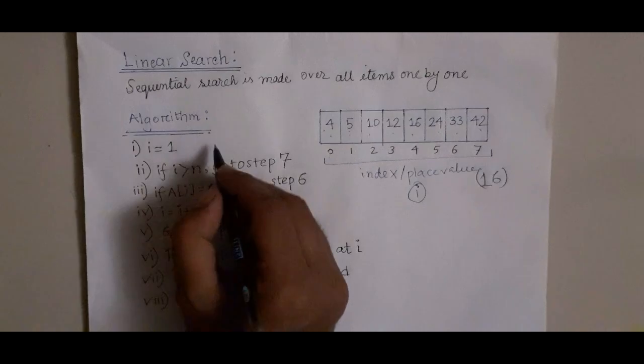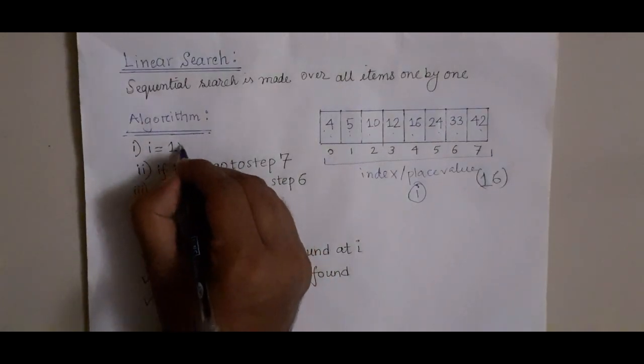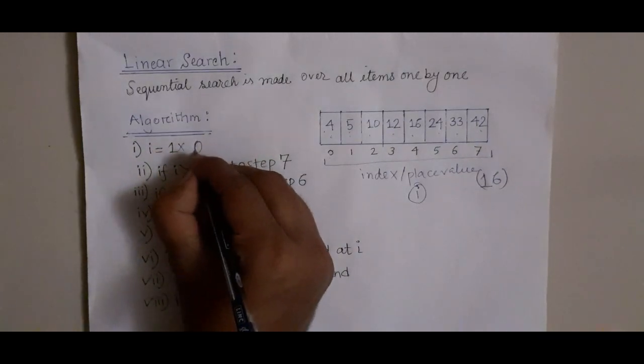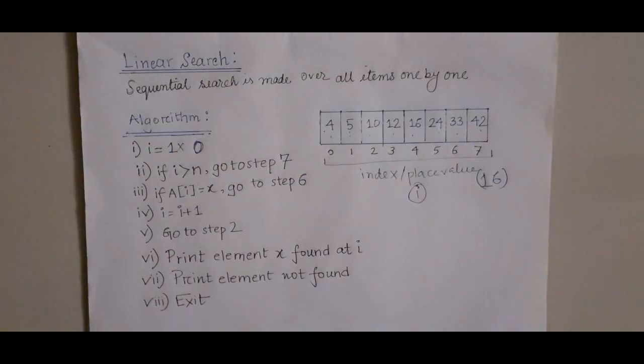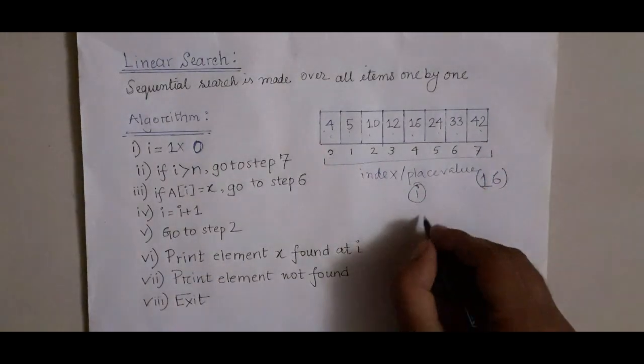So here, instead of writing I is equal to 1, in our case we are starting off with the value I is equal to 0. Let me write this down.